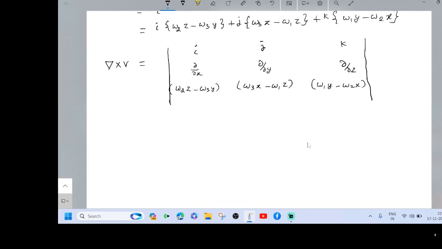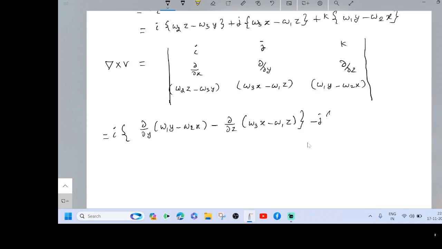Now we have to simplify this. This is equal to i into del by del y of omega 1 y minus omega 2 x, minus del by del z of omega 3 x minus omega 1 z.